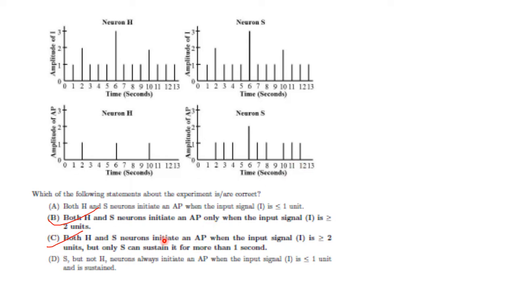So both H and S neurons initiate an AP when the input signal is greater than or equal to 2 units. Yes, that is correct. That we already discussed in option B. But only S can sustain it for more than 1 second.